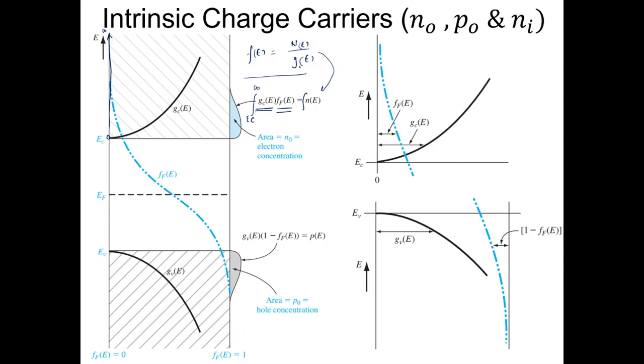So the area under the curve resulted from the product of density of state and the Fermi-Dirac distribution, which is the electron concentration as a function of energy, is the total electron concentration inside the conduction band.